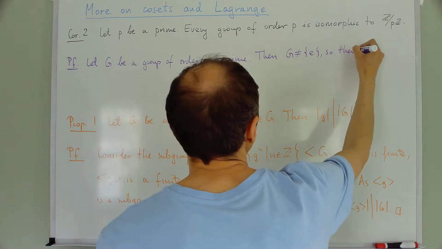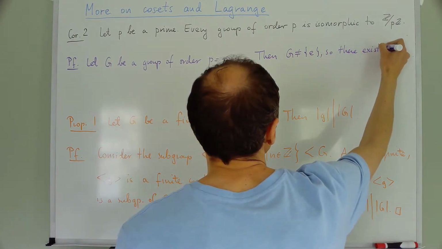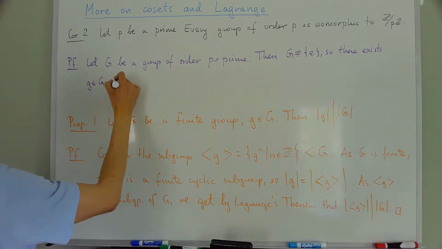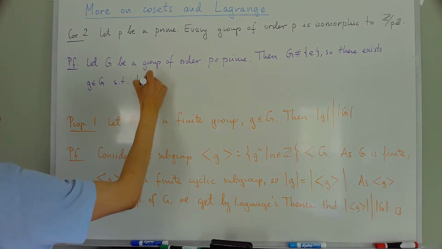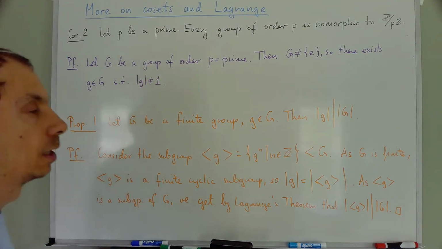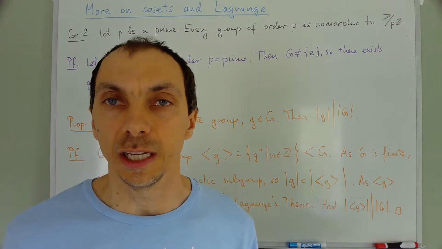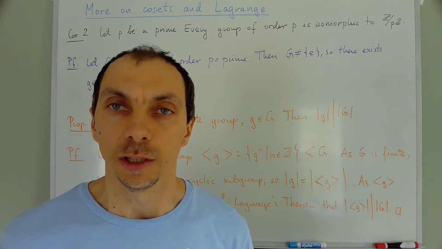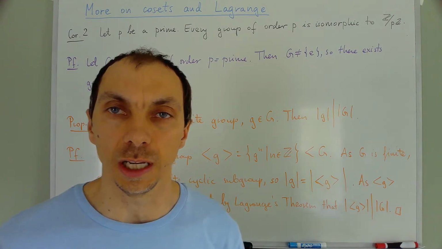So there exists an element g in G such that the order of g is not 1. The only element in a group of order 1 is the identity. But because G has prime order, the smallest prime is 2, there's definitely an element in that group which isn't the identity.